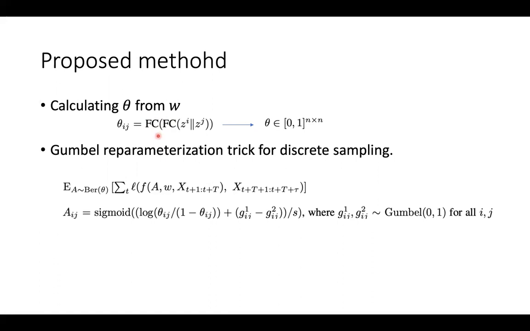The trick, which we probably already know, is the Gumbel reparameterization trick for discrete sampling. We compute each of these entries Aij using this Gumbel reparameterization, and once we do that, we can easily do backpropagation to these fully connected layers.